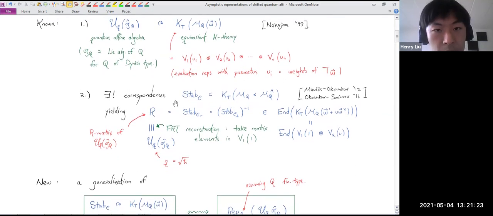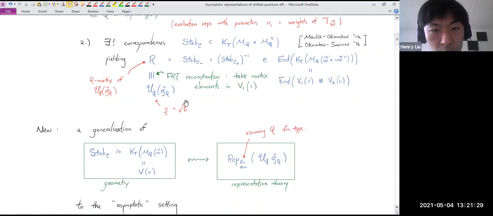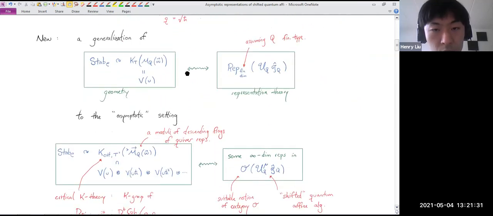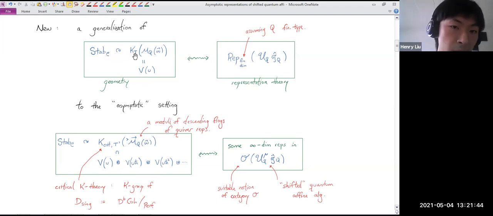And so now let me say what's new. So what's new is we want to generalize the story in a specific way. So to recap, what's the story that we're trying to generalize? On the geometric side, we have stable envelopes acting on the K-theory of Nakajima quiver varieties. And these K-theories are these evaluation representations for quantum groups.